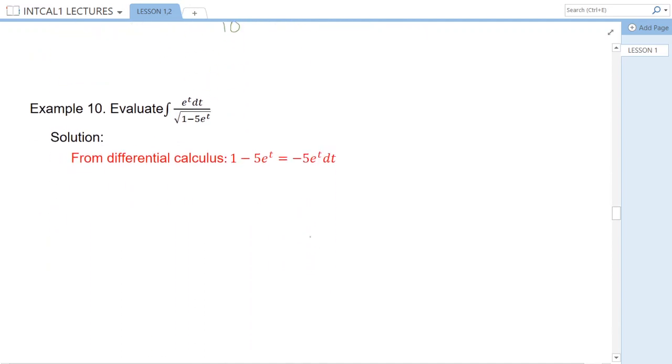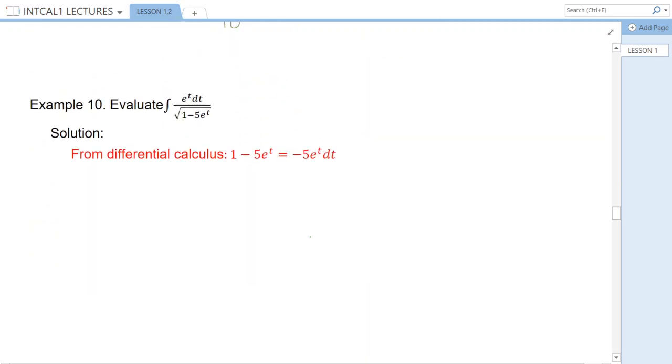Okay, next, the last problem. So evaluate this one, that is the integral for e raised to t dt over the square root of 1 minus 5 e raised to t. Let us just rewrite again the equation that will become the integral of 1 minus 5 e raised to t, of course, that is raised to negative 1 half, e raised to t dt.